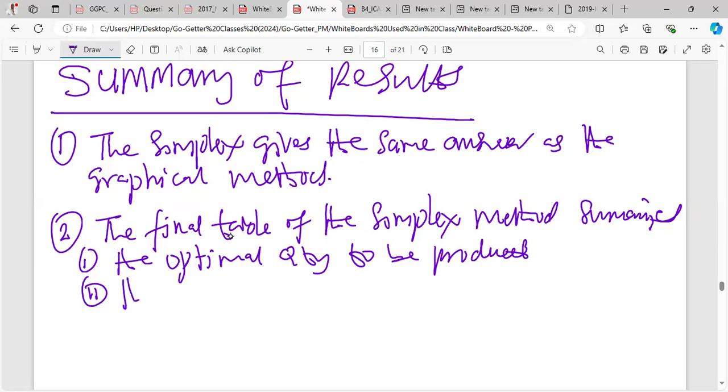Two, the optimal solution or contribution, let's say optimal contribution achieved.